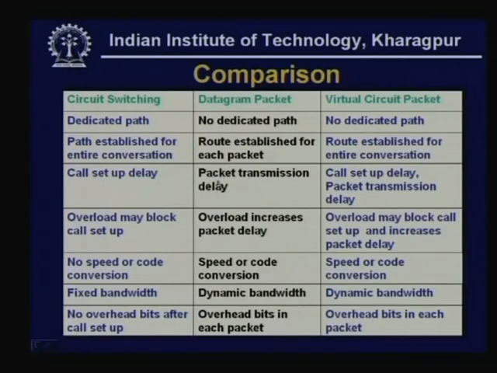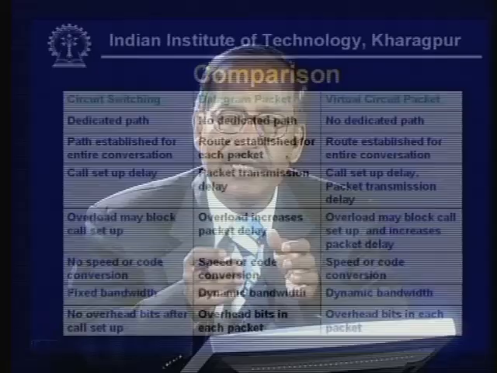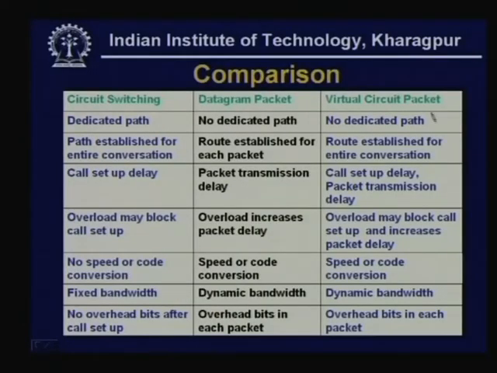In datagram packet switching, we have seen that the packets are stored and then forwarded. There may be delay in transmission if there is a big queue. So, packet transmission delay is there. In virtual circuit packet switching also there is call setup delay and packet transmission delay.